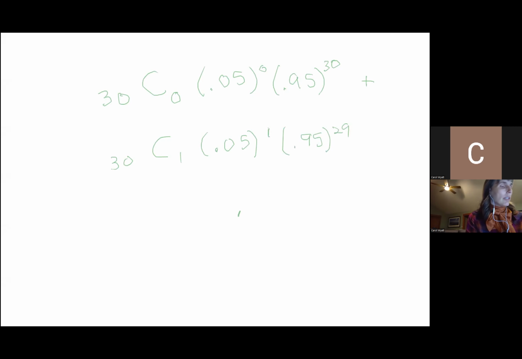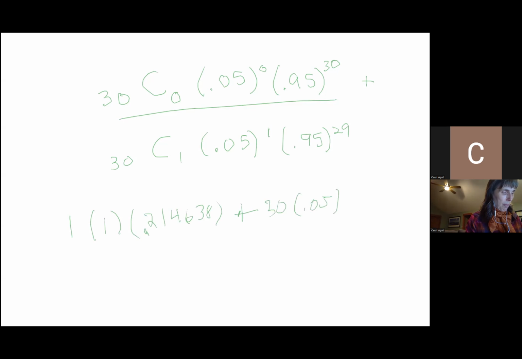If I calculate that by hand, the first part is 1 times 0.05 to the 0 times 0.95 to the 30th. On my calculator, 0.95 raised to the 30th power, a little bit of rounding error there. And the second is 30 times 0.05 times 0.95 to the 29th.